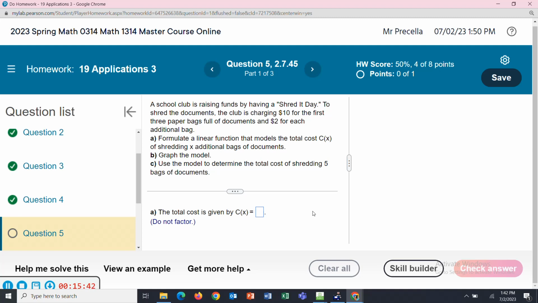But if you bring 4 bags, they'll charge you the $10 for the first 3 and then $2 for each additional one. Formulate a linear function. This is part A. That models the total cost C of x of shredding x additional bags. So the total cost is given by C of x, the cost of x additional bags.